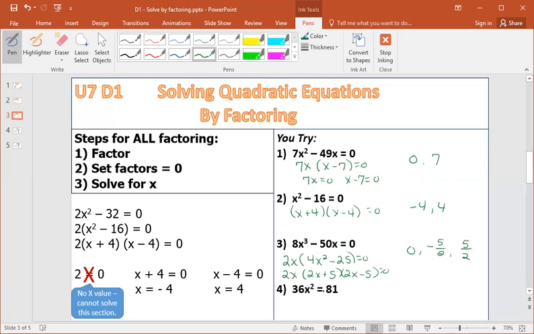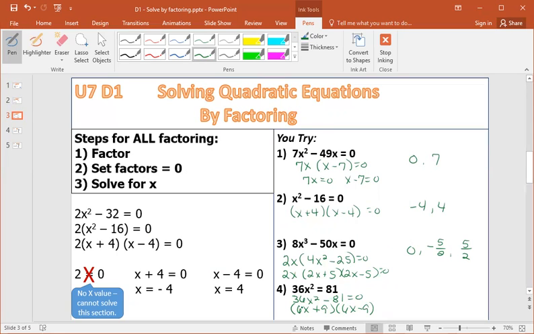All right, number 4, bring that 81 to the other side. So 36x squared minus 81 is equal to 0. Perfect squares here. Okay, so we have 6x plus 9, 6x minus 9. Okay, now notice I've still got a GCF in there.